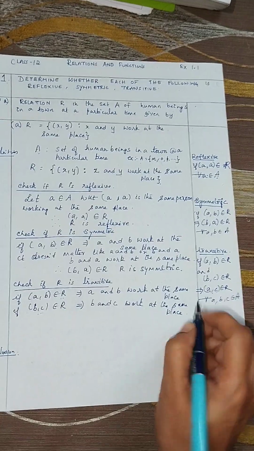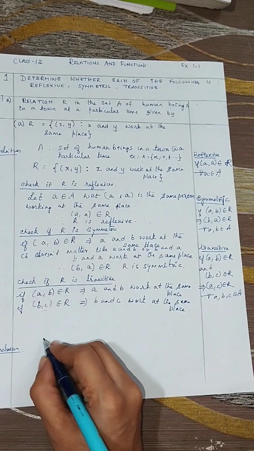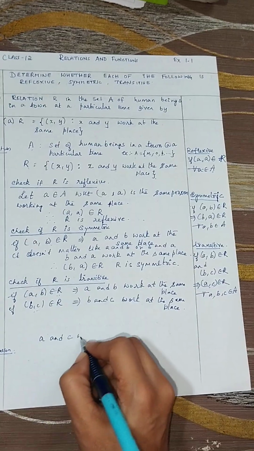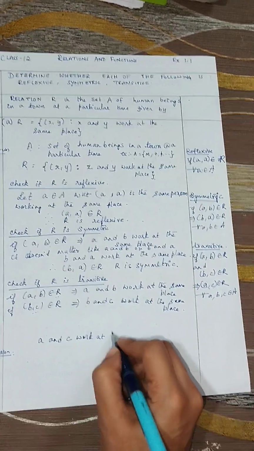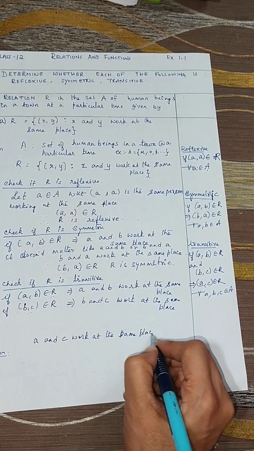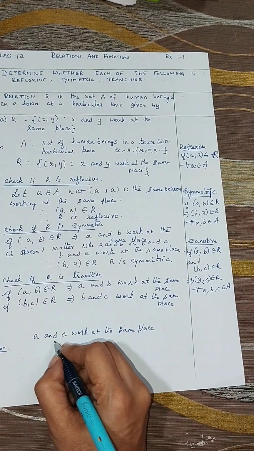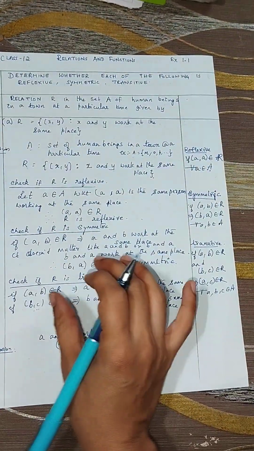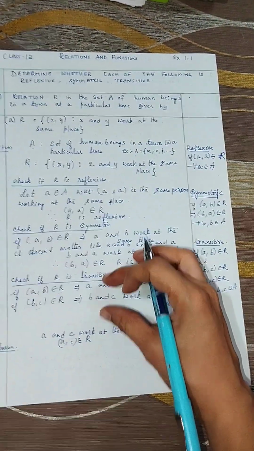So where do we have to approach? So we have to say that a and c work at the same place, and we have to say that (a, c) belongs to R. So how to move from this part to here?